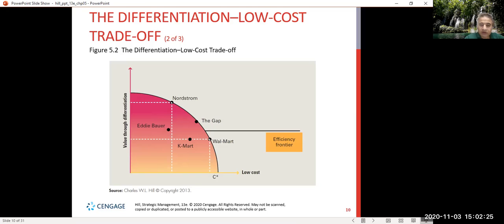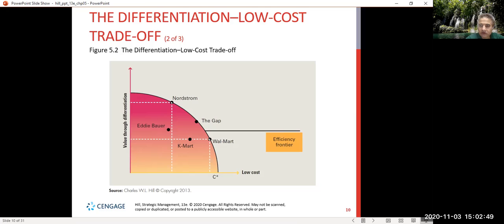Because if Walmart moves to another place, if they want to increase the differentiation, that will increase the cost, because cost is lowering on that side. So if Walmart wants to decrease the cost, that will trade off with the differentiation. They are going to decrease the differentiation.